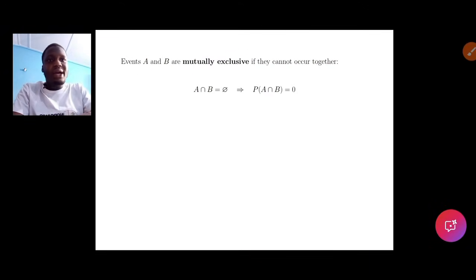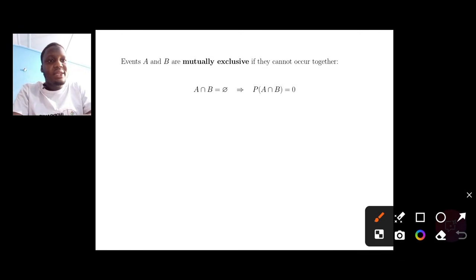So we have mutually exclusive events. Yes, we saw this when we were having our first lecture. We saw what we mean by mutually exclusive.